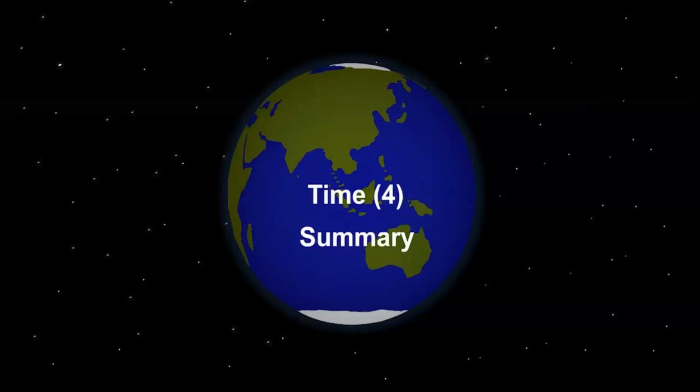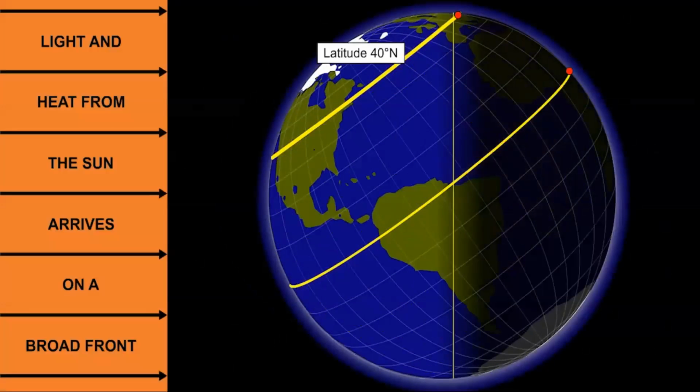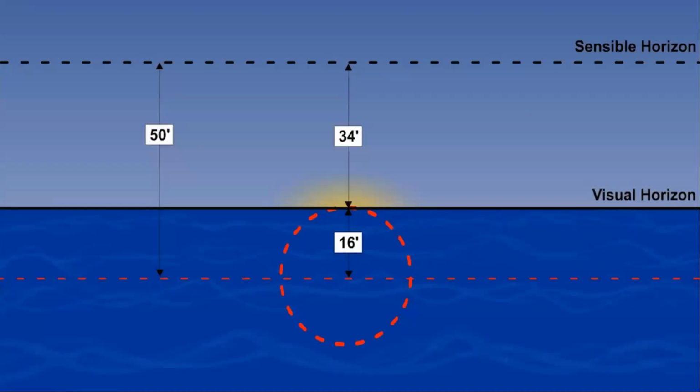Let's summarize this lesson. We showed that the times of sunrise and sunset are determined by latitude and the sun's declination. At the defined time of sunrise or sunset, the sun is a total of 50 minutes below the sensible horizon. This is the figure that is used in the Air Almanac tables.